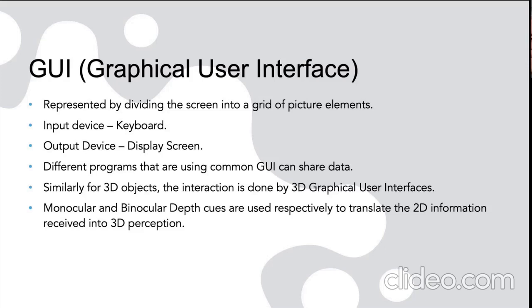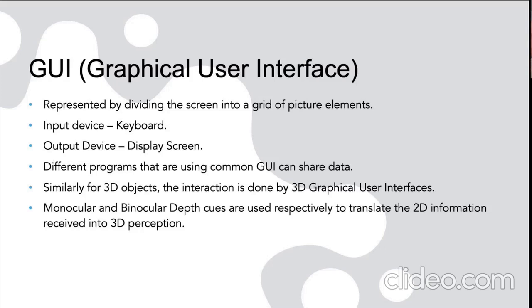In certain applications, such as design software or 3D modeling tools, users interact with three-dimensional objects. 3D GUIs provide an interface for manipulating and navigating through these objects in a virtual space. And we have monocular and binocular depth cues, which are employed to translate 2D information into a perception of depth in 3D GUIs.